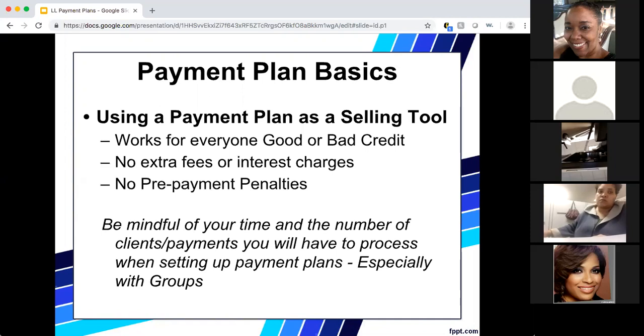All of that makes your client more comfortable. It also makes them want to refer other people to you because they had such a great experience with you. So kind of recapping those things, a payment plan can be a great selling tool because a lot of people don't know. Now, we as travel professionals, we know.